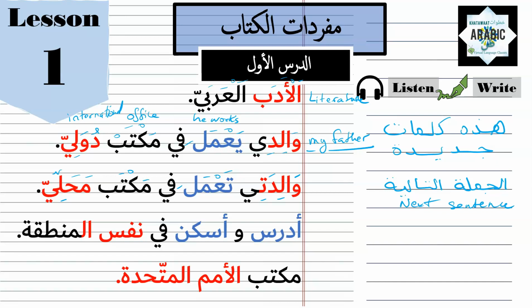My mother works at a local office. So the only difference in this sentence is local and then my mother. And the conjugation of feminine, she works. تعمل.